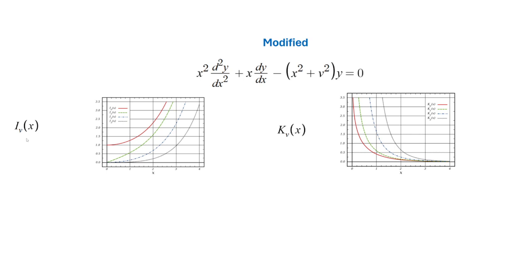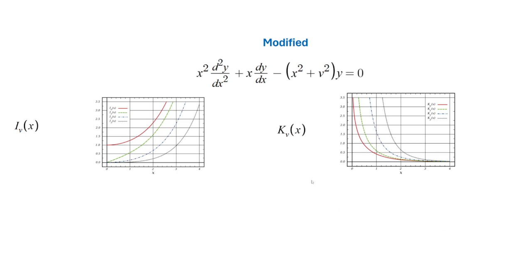Well, I sub v acts the exact same, except it's very similar to cosh. If you let v equal 0, then it resembles cosh. It gets really divergent.